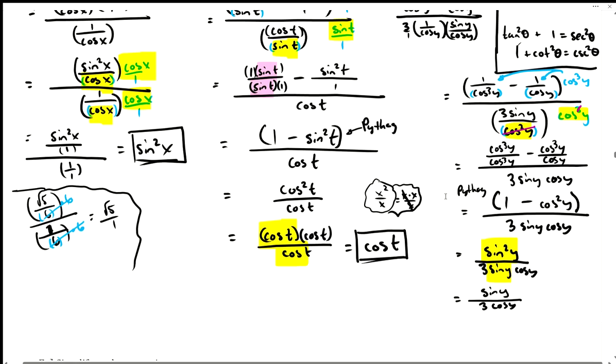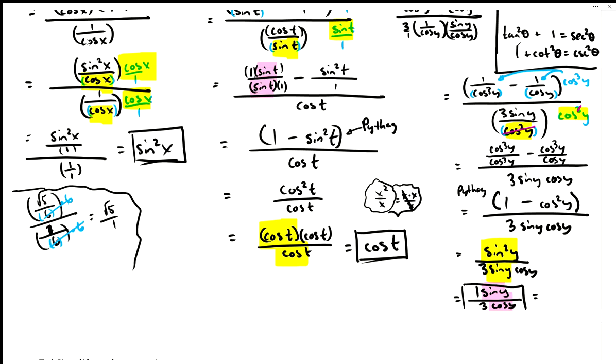Okay, so a little low on space, that's a y. And then lastly, this might be fine as a final answer. I'm going to box it. But they might say, oh, you have sine over cosine. That's tangent. So let's highlight that. Sine over cosine is tangent of y. Now the 3 is in the denominator, so be careful of that.